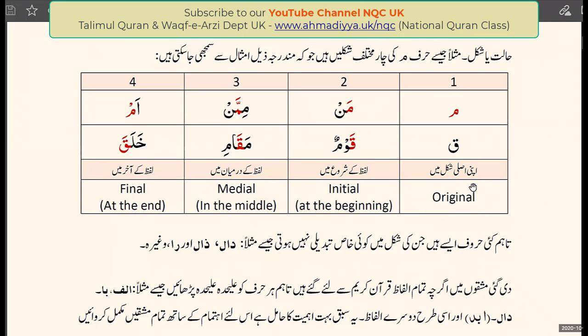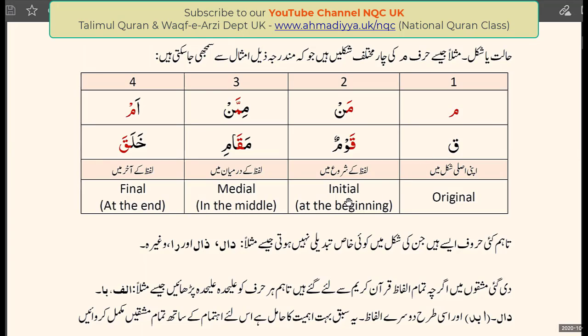So you can see here that originally these are 2 letters, like meme in column 1 from the right side, meme and qaf. In its original form it would be pronounced like a meme and qaf, and it is written like this, the independent shape and form of this letter.